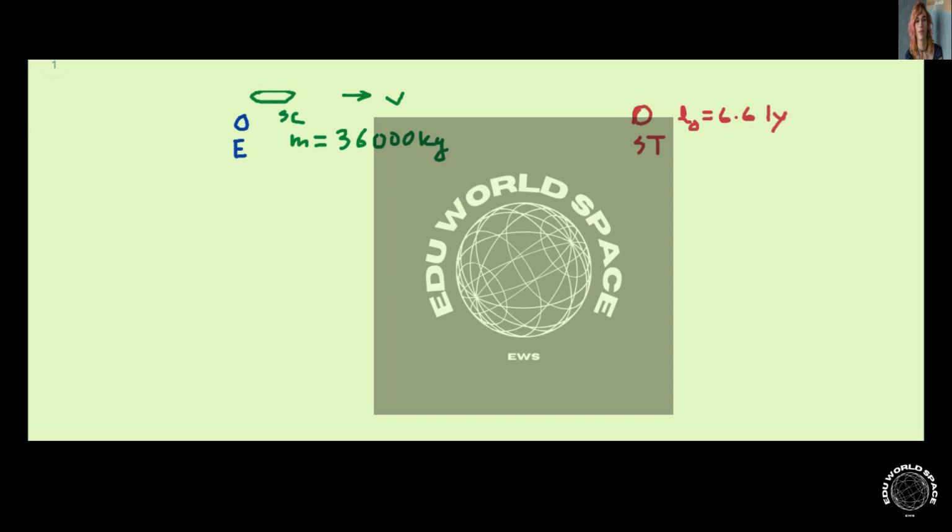So what you want to do is find the work done by the spacecraft such that it reaches the star in a time we'll call delta T naught.